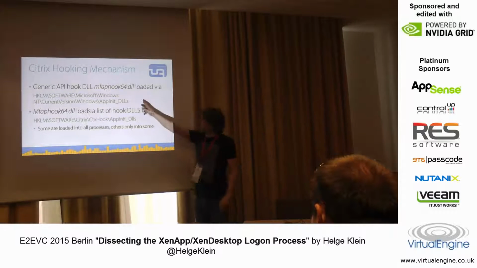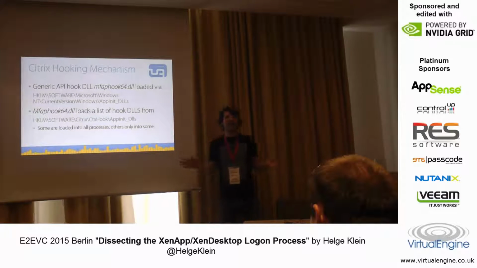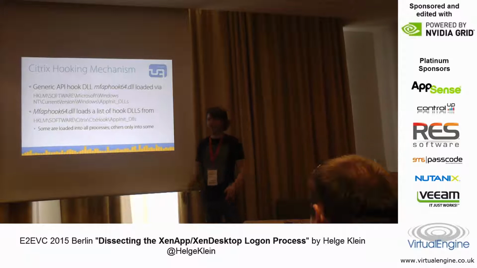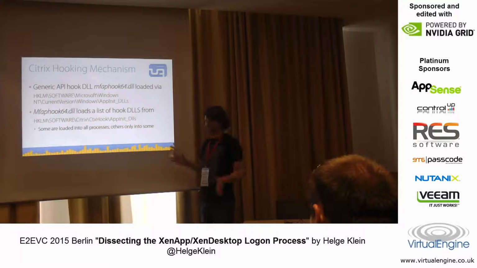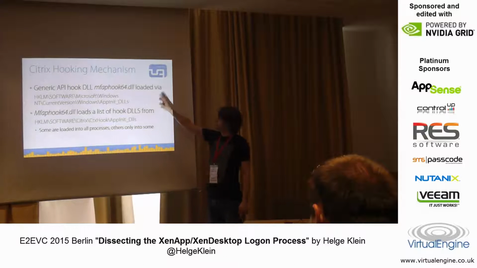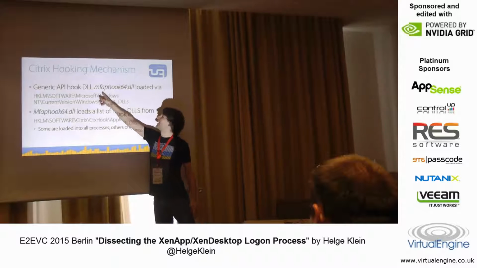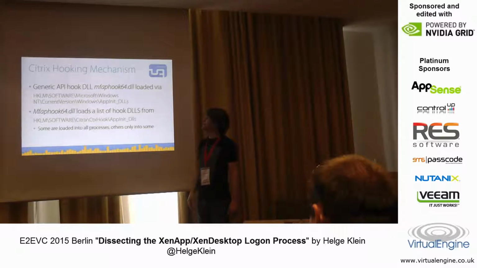So, one thing you can do is turn off all of this API hooking, but you'll find that basically XenApp breaks when you do that. Nothing works anymore. So, that is a bit extreme. But the way the Citrix hooking mechanism works, you can see MF, I always love these old acronyms, MetaFrame of course.